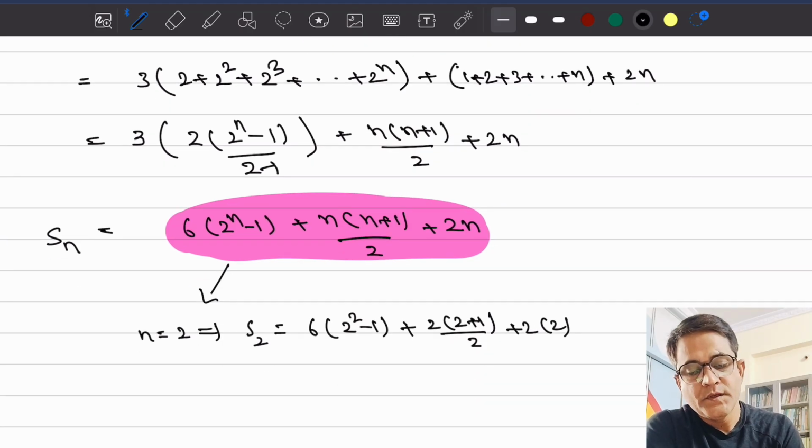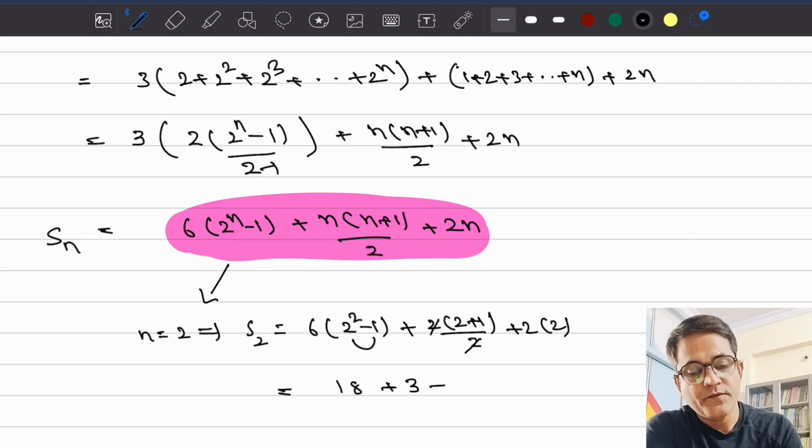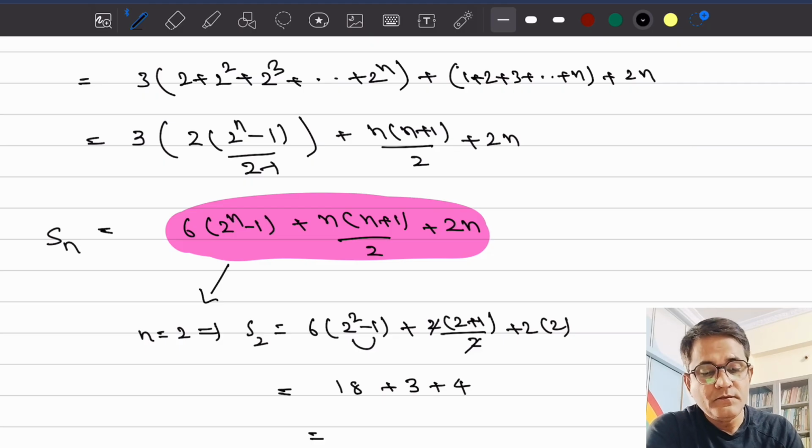That is, 6 threes are 18, plus 2 cancels, plus 3, plus 4. That is 25. So the sum of two terms is 25.